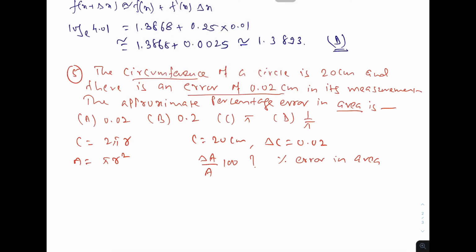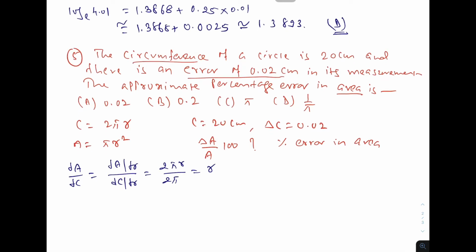Okay. So now can we write dA by dC equal to dA by dr upon dC by dr. So 2 pi r upon 2 pi, and so that is nothing but r, and therefore delta A is equal to dA by dC into delta C. So dA by dC is r and delta C is 0.02. Okay.